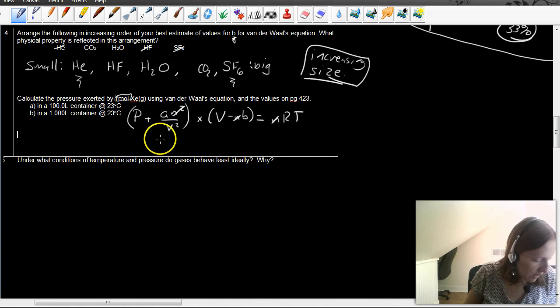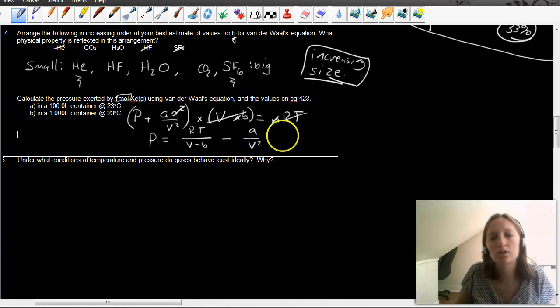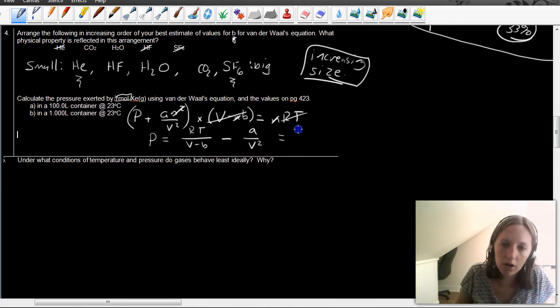So you can have P equals RT over V minus B. So that takes care of this part. And then this part gets subtracted, minus A over V squared.